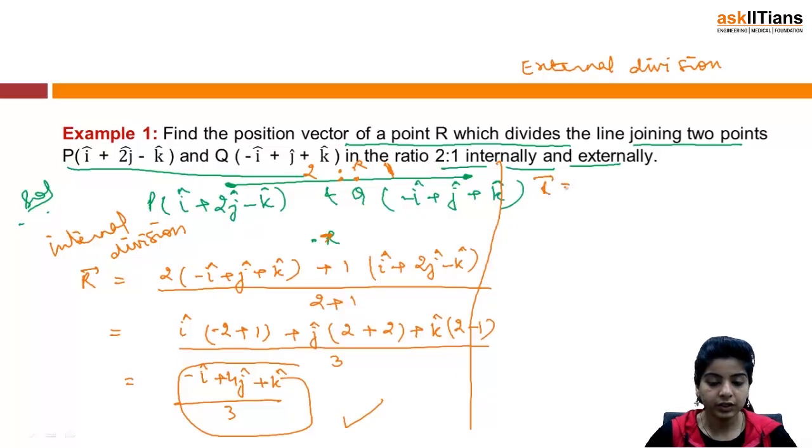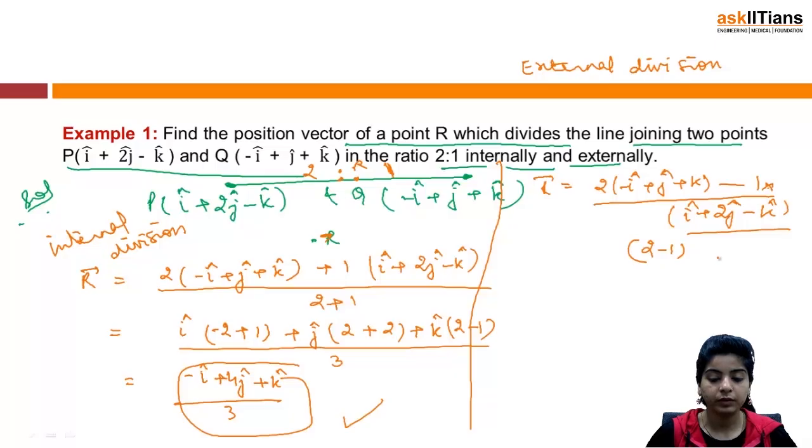So R would be equal to 2 into minus i plus j plus k, minus 1 into i plus 2j minus k, divided by 2 minus 1.